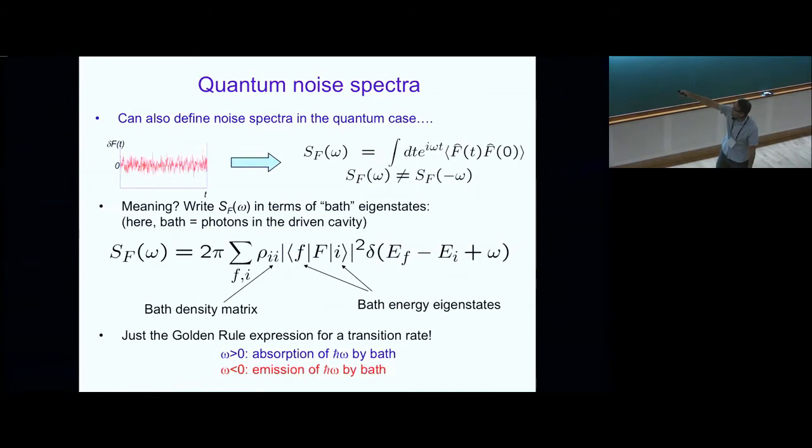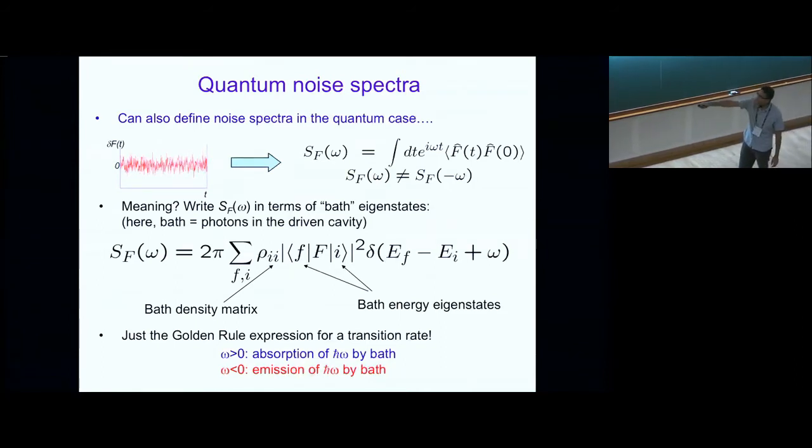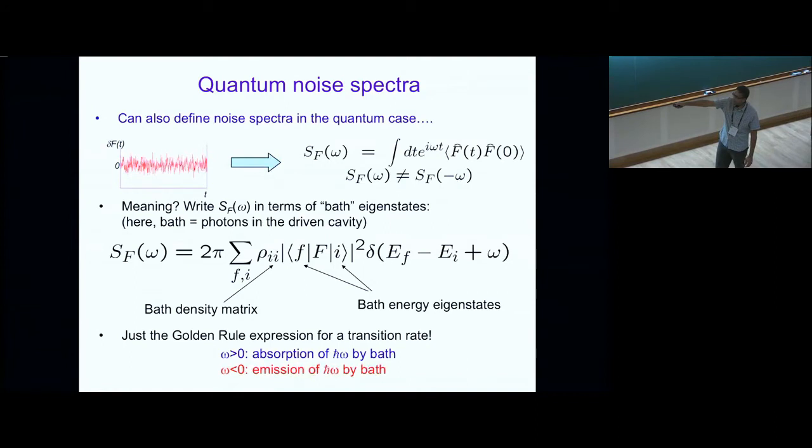Another way of writing exactly this same quantity is this sum over what look like golden rule transition rates. If I look at the spectral density at a given frequency, this quantum spectral density, I'm basically summing over all transitions where the operator f can take me from state i to little f, where the change of energy is either uphill in energy or downhill in energy.